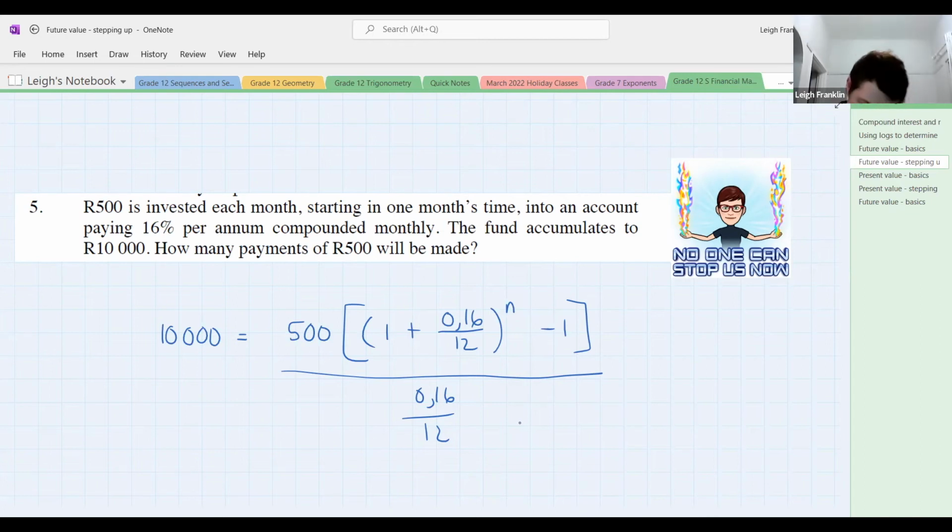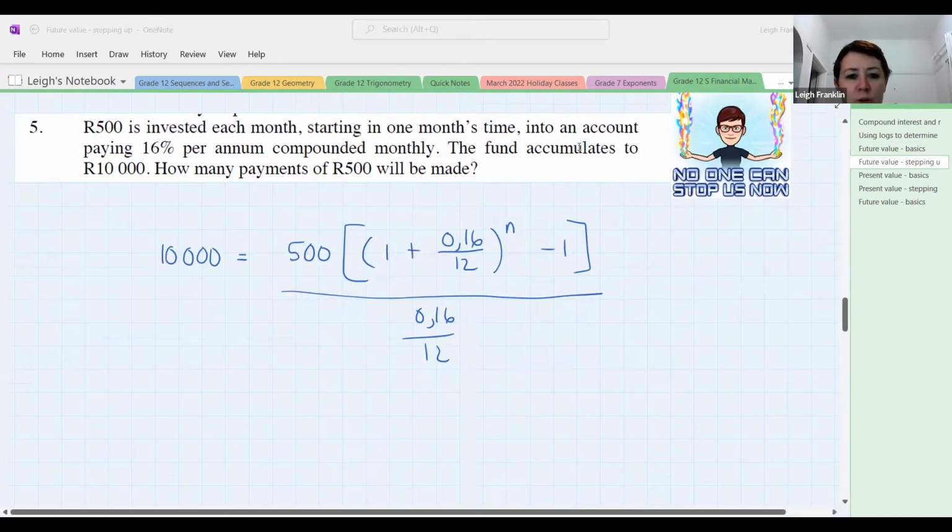Do you remember we used logs to determine N? If they ask us to calculate the number of payments, it's actually an instruction for us to use logs. All you've got to know is how to correctly undo the formula in order to isolate the base.